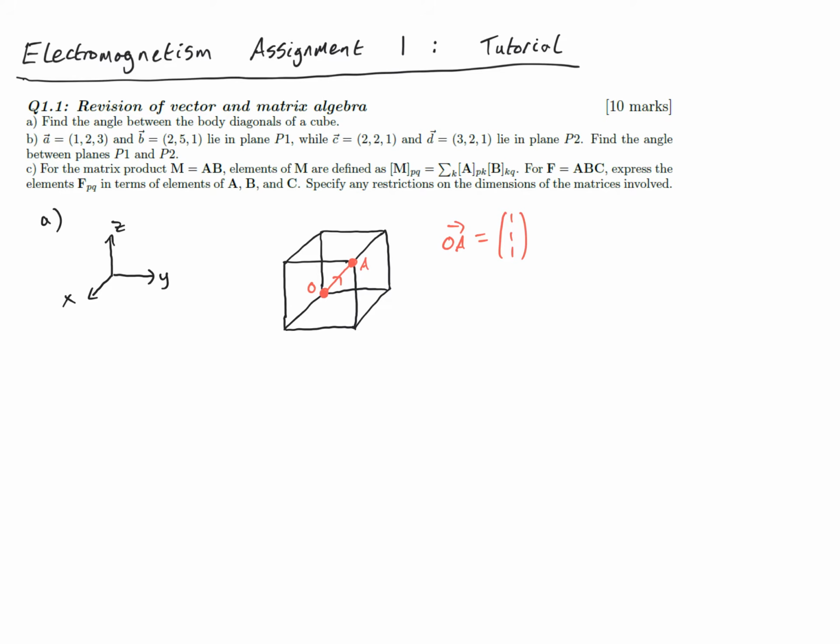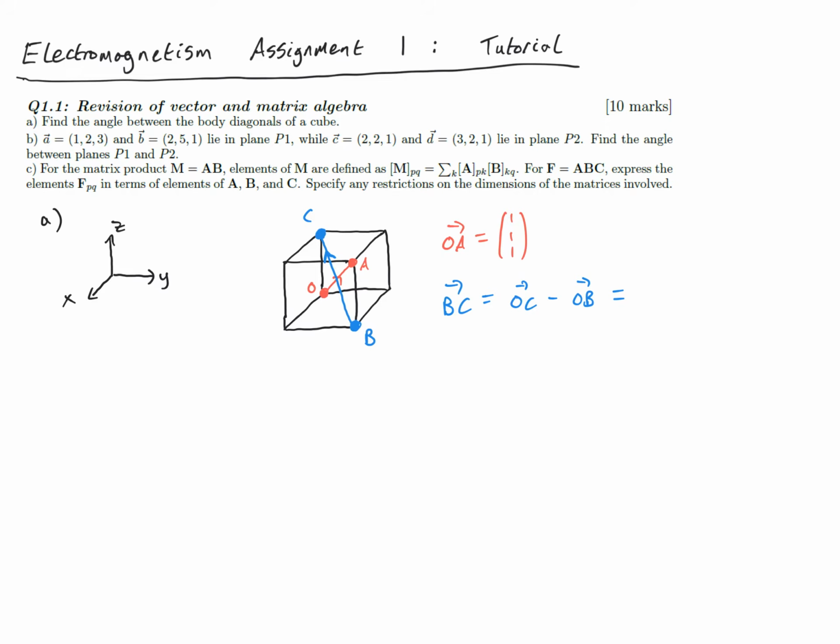Can we make another body diagonal? Well, there are many ways to do this, so I'll just pick one way. They will all be the same because it's a cube in the end, the same up to rotations. So imagine that I draw this line, that vector here. What's that vector? Well, let's say that this point here is B, that point up there is C. What I'm interested in is the vector BC, which is of course OC minus OB.